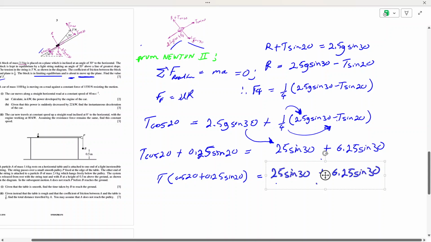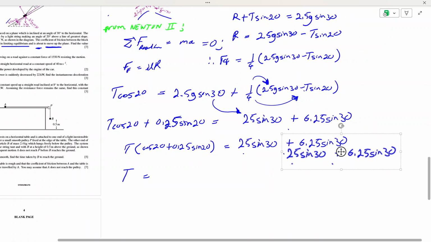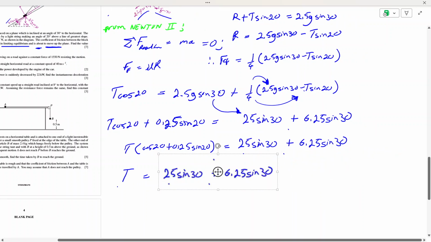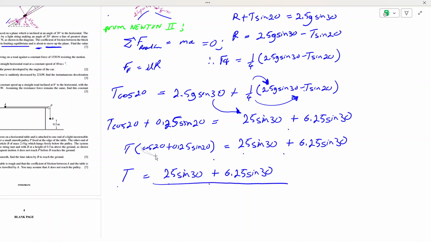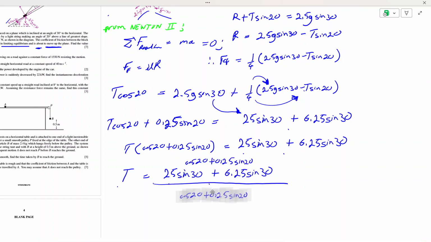And then I can finally divide this whole thing here by this part that is inside the bracket with the T.